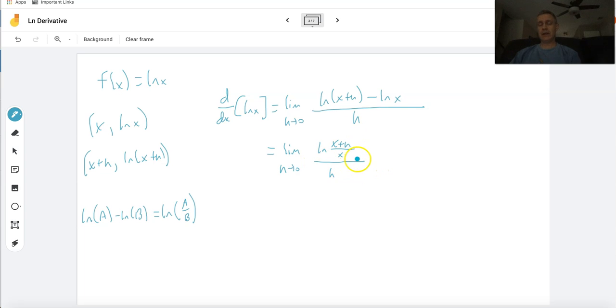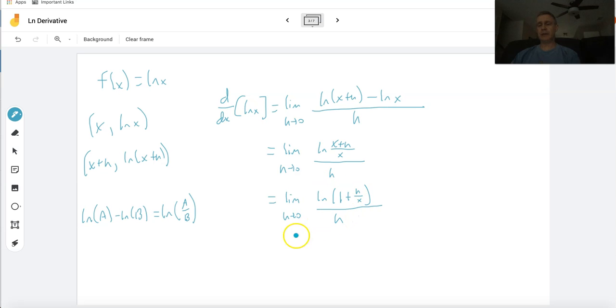All right. Now we have the single logarithm in the numerator, and I claim that we could simplify that even further to make our life easier, and we'll have the natural log of 1 plus h over x, all over h. To make things a little bit simpler, instead of having to deal with this h over x and this other h over here, I'm going to do another substitution.